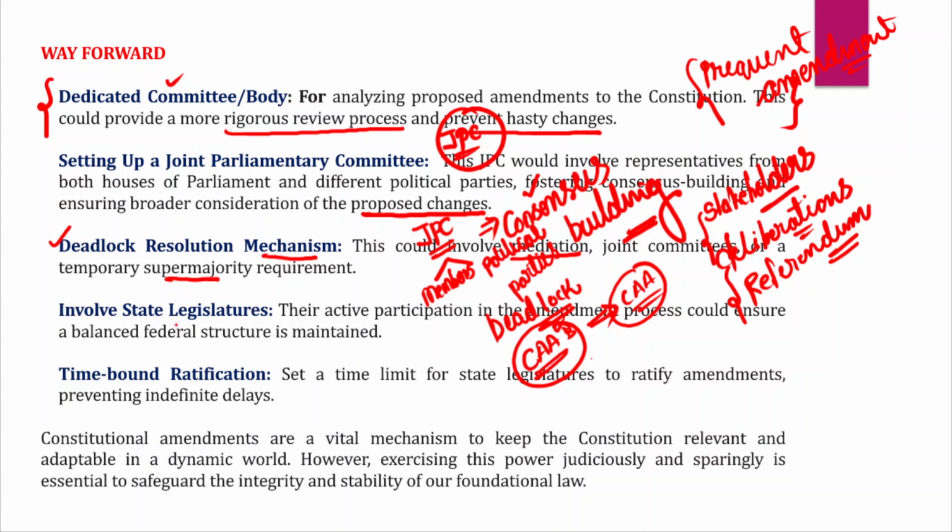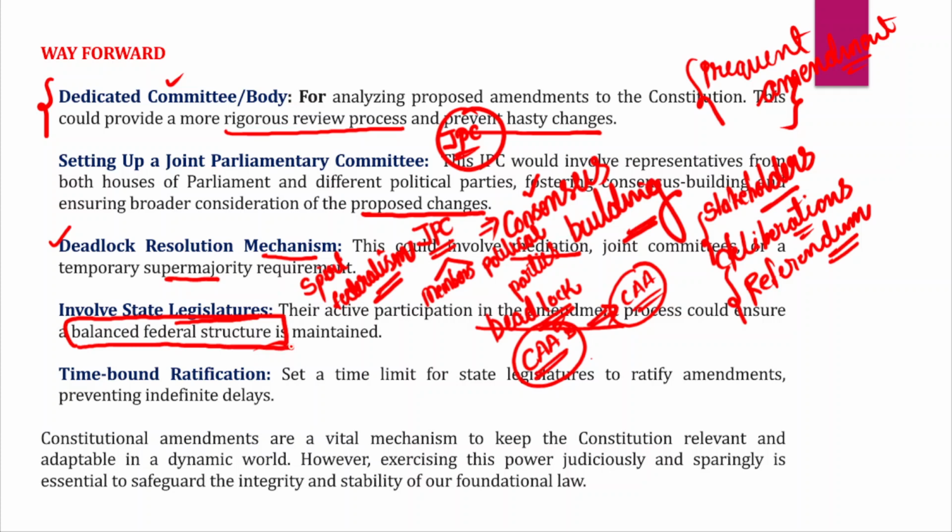And apart from that, it is also very important to actively involve the state legislature as well, true to the spirit of federalism. It is very important that we protect the federal spirit of the Indian Constitution, because state governments' active participation in the amendment process would ensure a balanced federal structure, right? So it plays a very important role in maintaining the balanced federal structure.